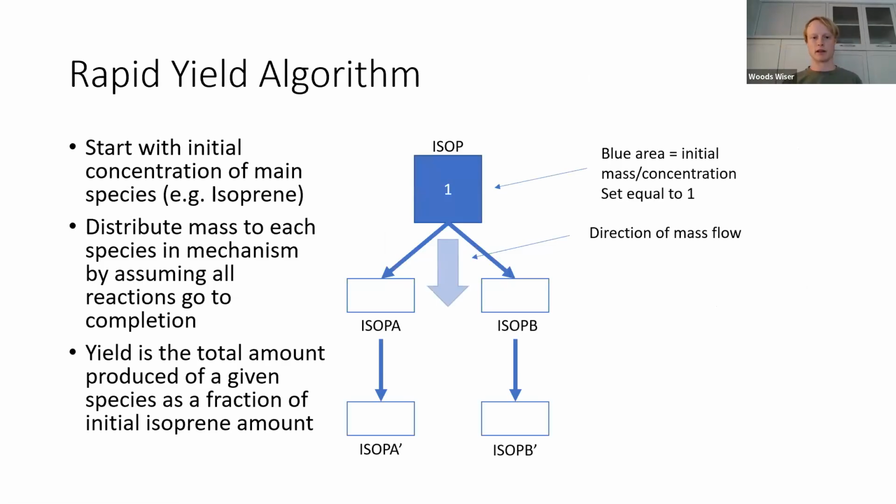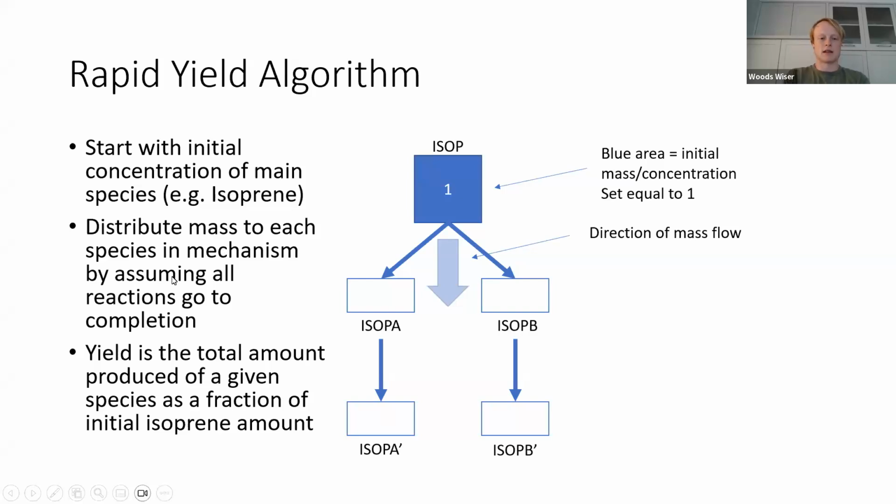So I'm going to go in a little more depth about how this algorithm works, especially with regards to cycles, because that's the edge case that is definitely necessary when you're dealing with any sort of organic oxidation mechanism. You start with the initial concentration of the main species. We're just going to set it equal to 1.